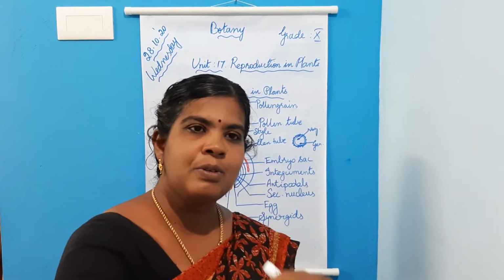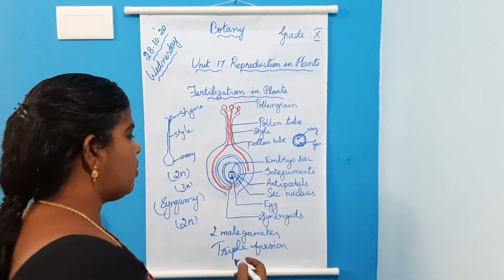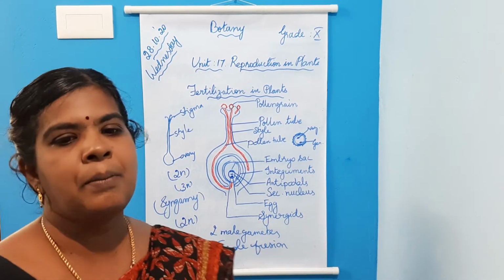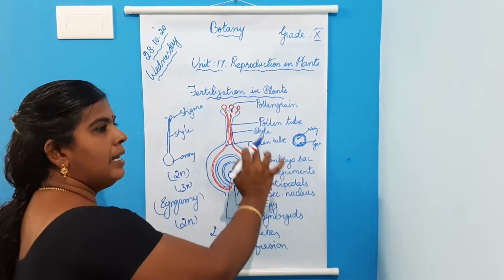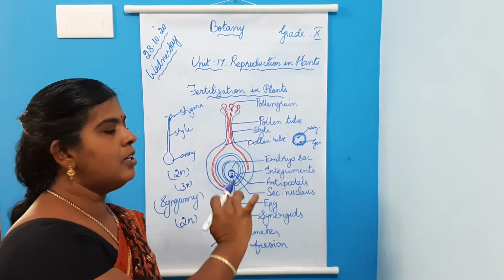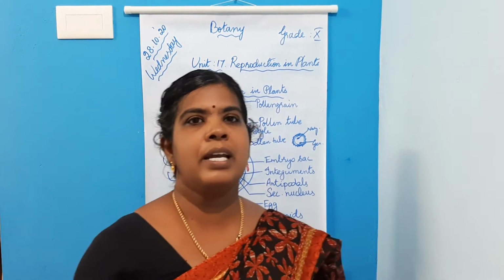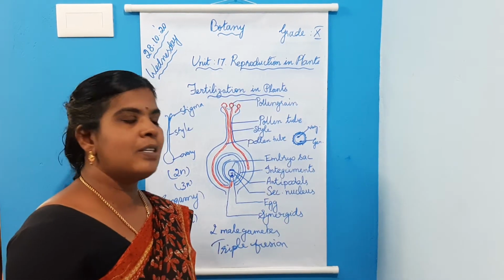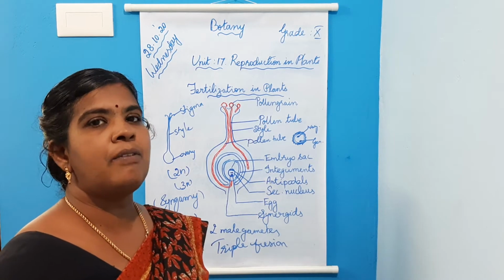When one of the sperm fuses with the diploid nucleus, it results in the formation of a triploid nucleus. So one sperm fertilizes the egg and the other sperm fertilizes the secondary nucleus. This is called double fertilization. The second sperm fuses with the diploid secondary nucleus, that is called triple fusion.